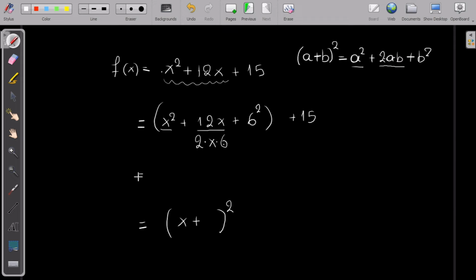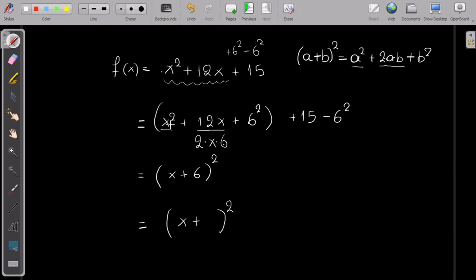But listen now, in this expression I added plus 6 squared. But this is not correct mathematically, because I cannot just add a number like this. So I must also subtract this number, because 6 squared minus 6 squared is 0, so it's like I never put it. Since I put it here, this is my perfect square, (x plus 6) to the power of 2.